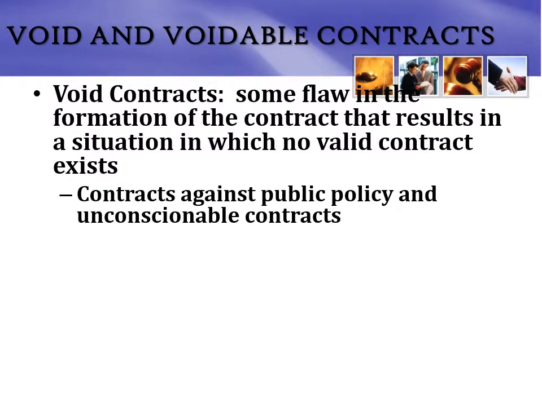Unconscionable contracts are like this. Contracts which are against public policy are like this. Think of the bigamous marriage contract. You're not allowed to be contracted in happy wedlock or unhappy wedlock, for that matter, with more than one person. End of story. It doesn't matter that the second wife or husband you love more.